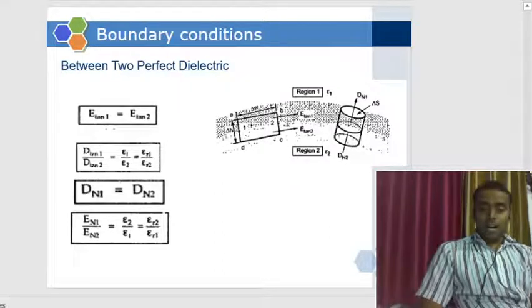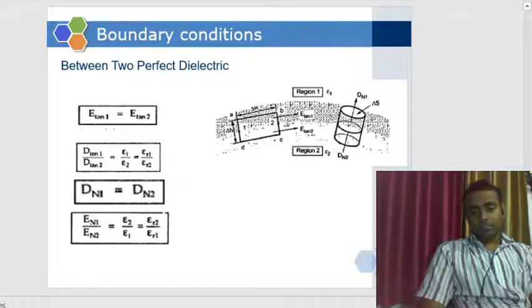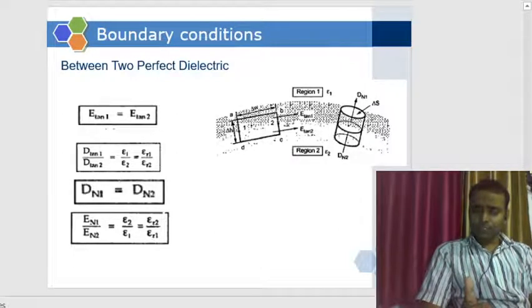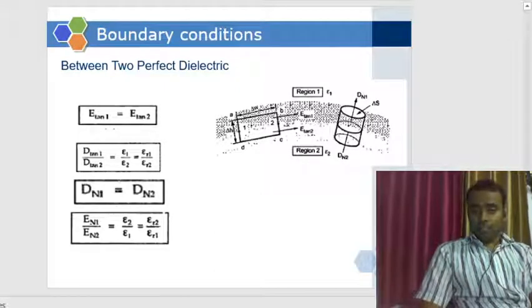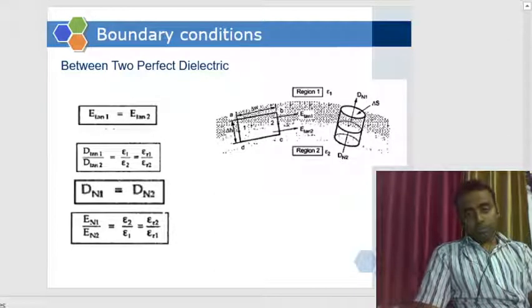Okay, and for the normal component, it is the reverse. So please do the mathematical part of it. If you are having any issues, do come to me in the doubt clearing session. We'll discuss. Okay, fine.